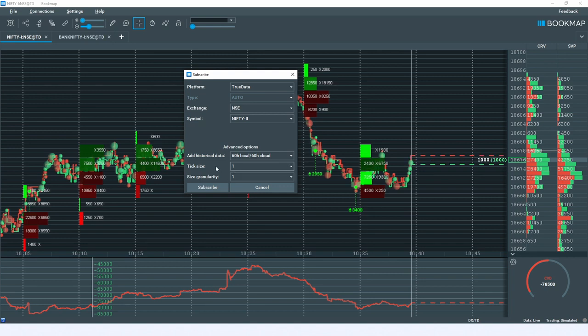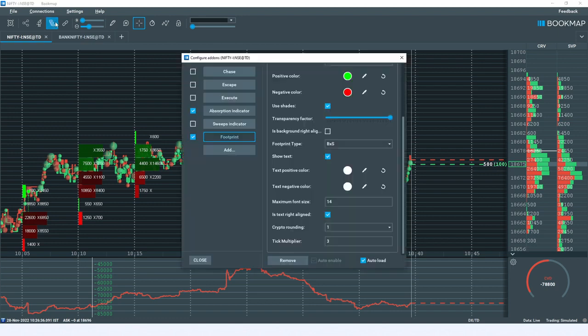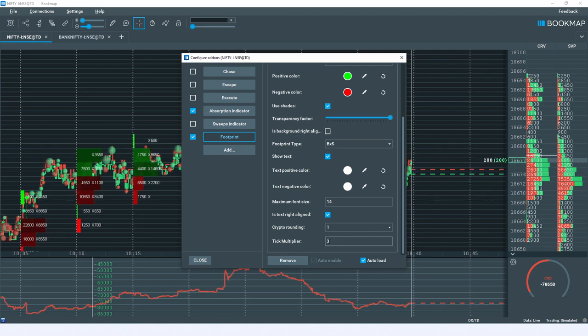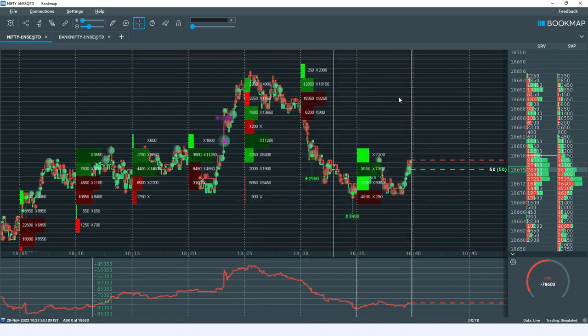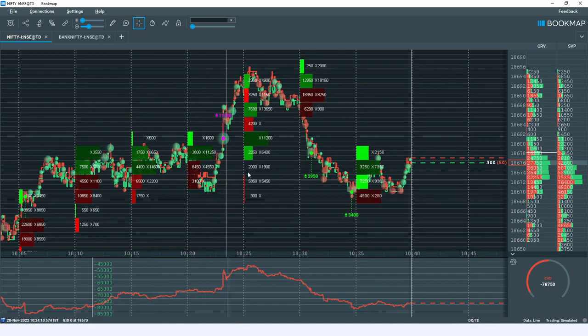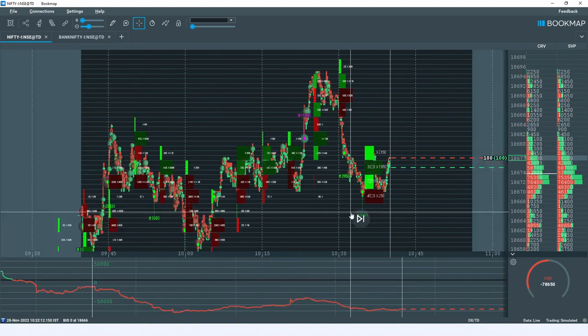This tick size is very important. Once this is kept as 1, if you give the multiplier as 3, it will consider 3. If you keep the tick size as 0.5, then 3 multiplied by 0.5 is 1.5. So while subscribing to the instrument, if you want to use the footprint charts, make sure that you keep the tick size as 1. I hope that is clear.